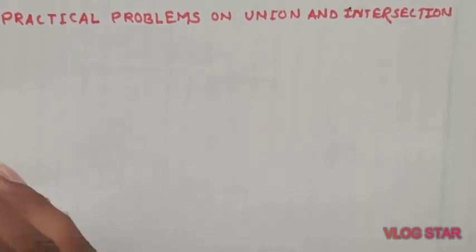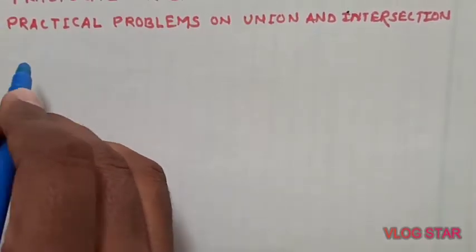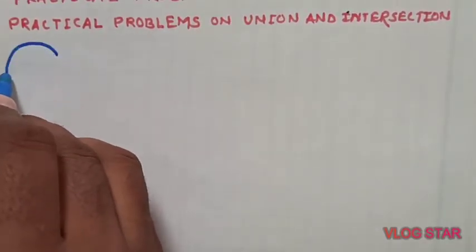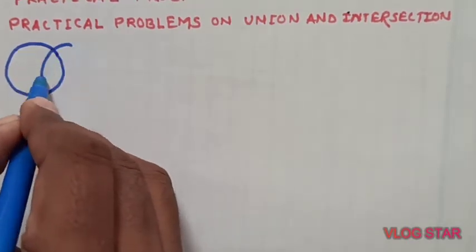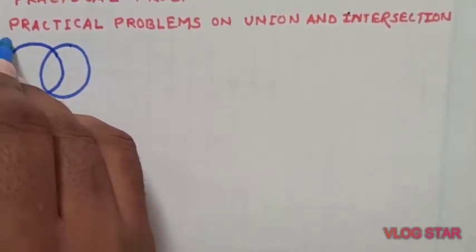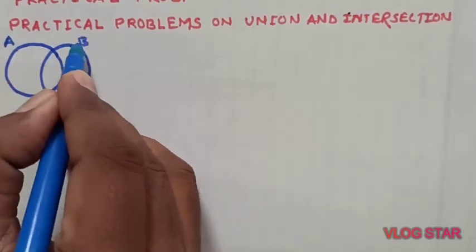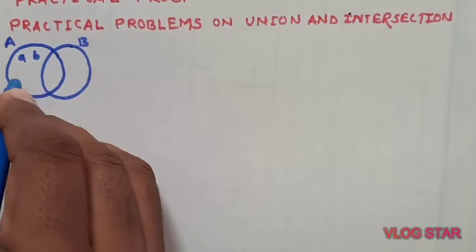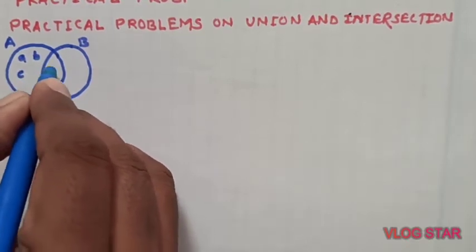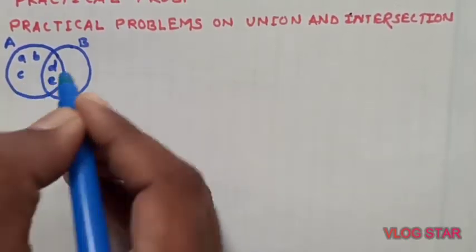Means I have a set A, which has elements, and set B. A has some elements, that is a, b, c, d and e.